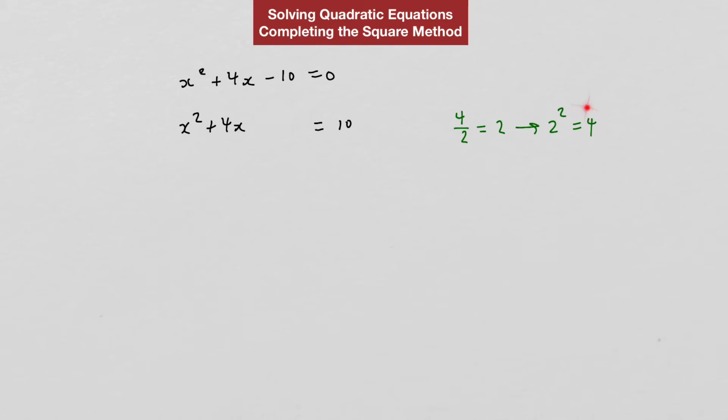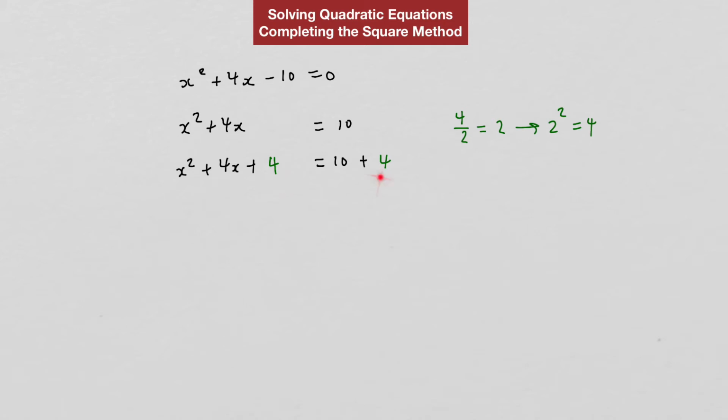But remember, when we add that to this side of the equation, we have to do the same thing to this side. So in other words, if we were to rewrite this, we get x squared plus 4x plus 4 is equal to 10 plus 4. Okay? See this?